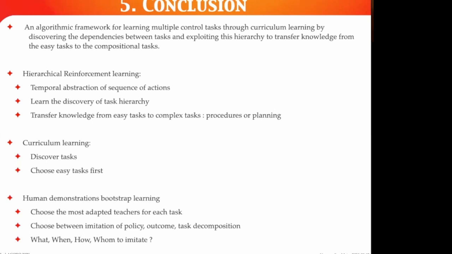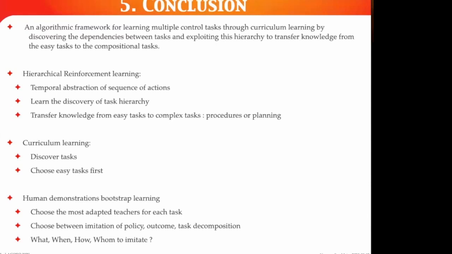In human demonstrations, imitation learning, we show that demonstrations can bootstrap the learning. And our algorithms can choose the most adapted teachers for each task after learning, understanding their competence domain. Therefore, it can choose between imitation of policy, outcome, or task decomposition or imitation.